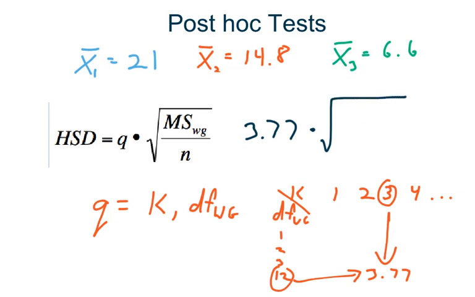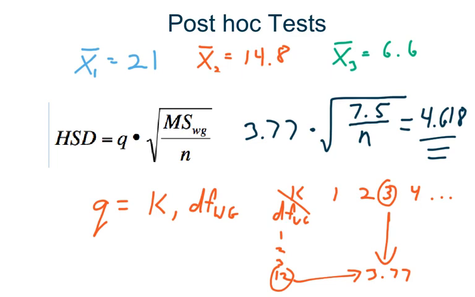That's the variance within groups, which if you look back at our ANOVA summary table was 7.5, divided by lowercase n, the number of individuals in the group. When we do that math, we come up with 4.618. That 4.618 is now a critical value. It's the difference between two means that is required for significance. Anything greater than that, we say that difference is significant. Any less than that is non-significant.